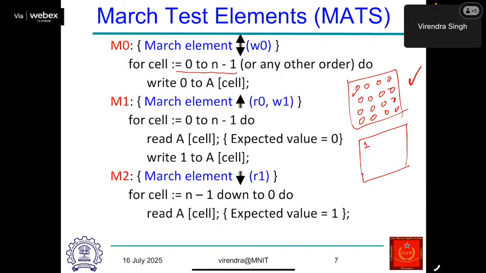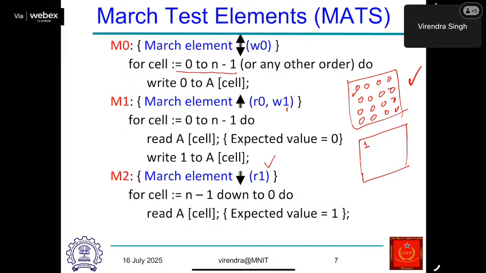Then second time you have to read this to ascertain that it is returning the 0, and then write 1 and see whether this will transition to 1 or not. So now you write 1, and after writing 1 you have to read 1. And so in this way, if I go through this, it can check all.